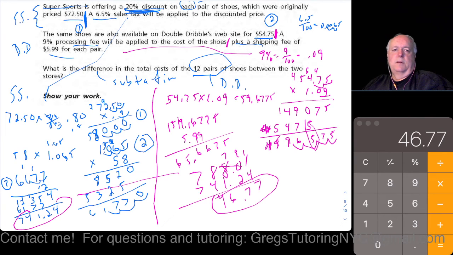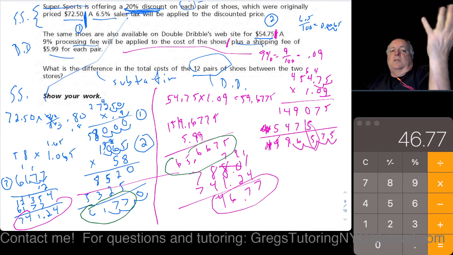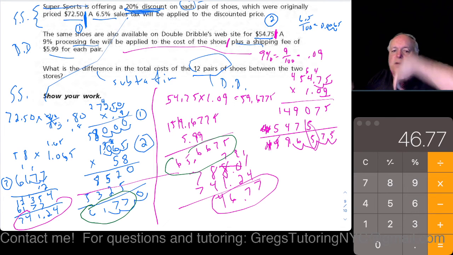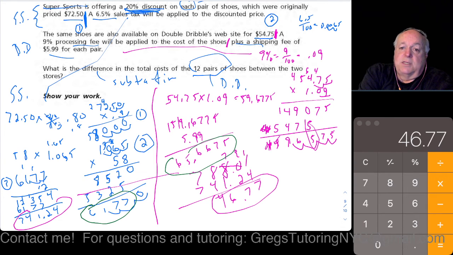Because what we could have done was taken this number here, the 61.77, and this number here, subtracted the two of those. That's the final cost of each respective shoe from each respective store. If we subtracted those and basically got $4 or whatever, and multiplied that by 12, because there's 12 shoes.